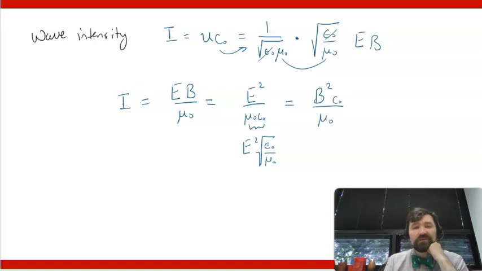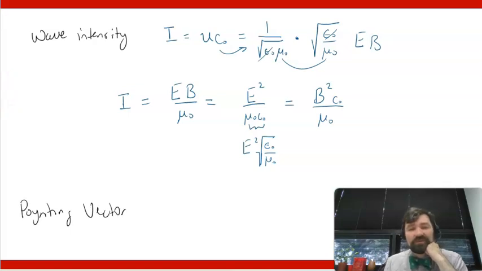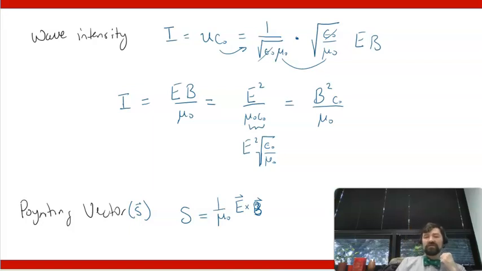So now we have our Poynting vector. If we define the Poynting vector, usually with an S, to be given by 1 over mu naught times E cross B, what will that get for us? Well, the magnitude of this Poynting vector would be E times B times sine of the angle between them, but E and B are always perpendicular to each other.